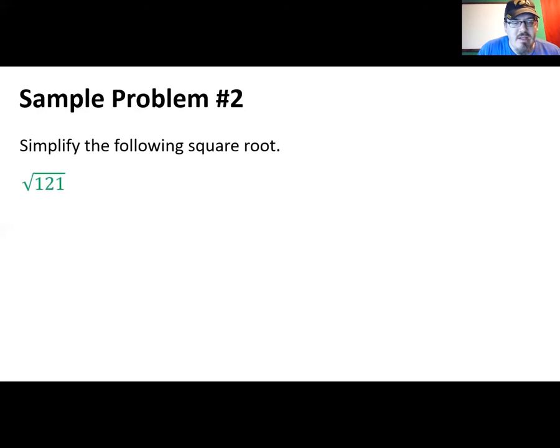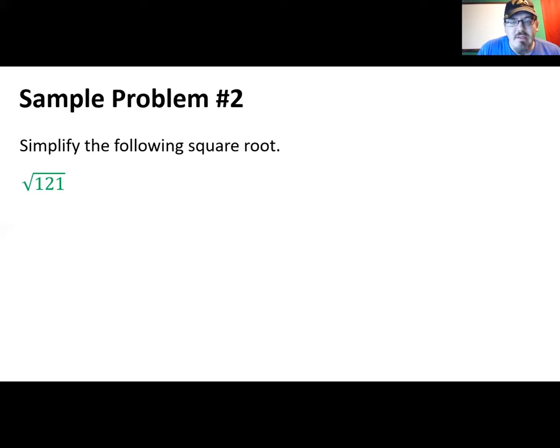The other situation, the opposite of a power, is dealing with a root. In this case, we're going to focus on what we call the square root. We want to find the square root of 121 in this particular problem.